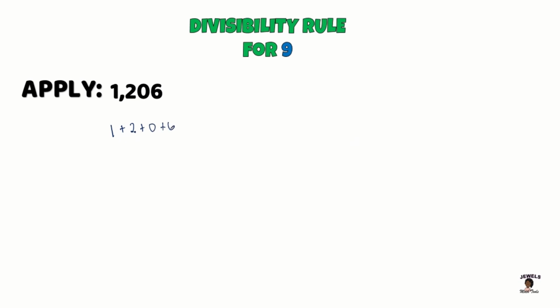And we know that 1 plus 2 is 3, 3 plus 0 is 3, and 3 plus 6 is equal to 9. And we know that 9 is in the 9 time table, so that means that when 9 divides into 1206, it should divide out completely, meaning that this number is divisible by 9.